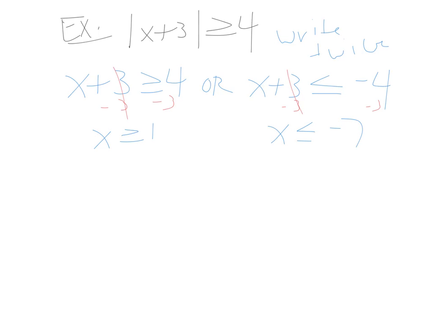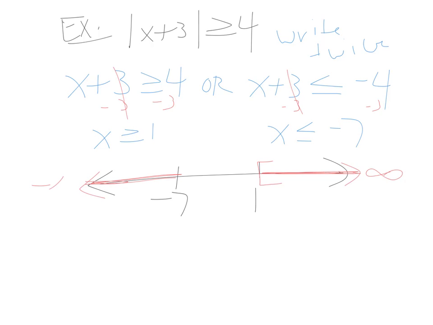Now let's do a number line and interval notation for this problem as well. If it's greater than or equal to 1, greater than 1 would be to the right towards positive infinity, and I do have the equal to, so I need a bracket. Numbers that are less than negative 7 would go to the left towards negative infinity, and again, a bracket.